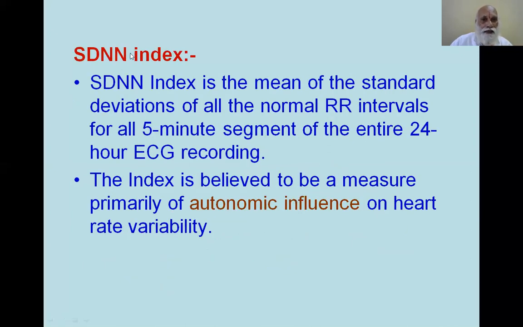Now, SDNN index. SDNN index is the mean of the standard deviations of all the normal RR intervals for all 5-minute segments of the entire 24 hours ECG. Similarly, you get an index, and the index is believed to be a measure of primarily autonomic influence as a whole.